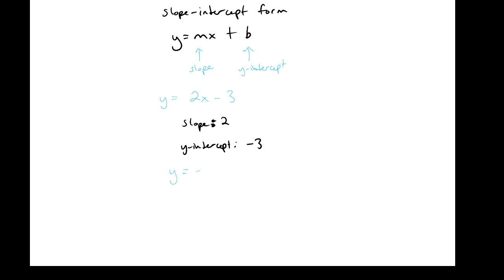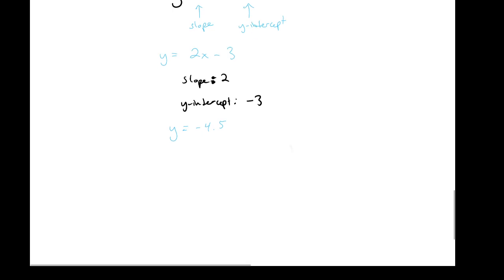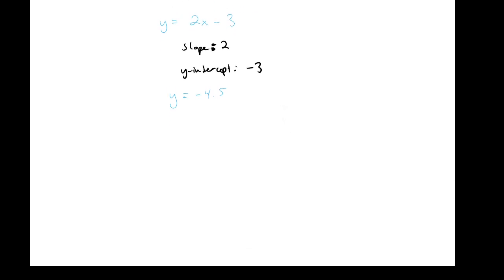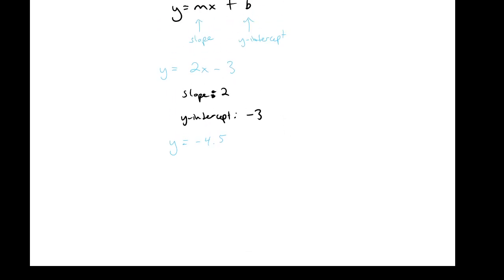How about y is equal to negative 4.5? Now notice I am lacking a term multiplied times the independent variable x. There's no m or x, right? Well, what that means is that m would have to be 0 multiplied times x to cancel x out completely. So really, I don't have a slope here. My slope is 0. And consider this.